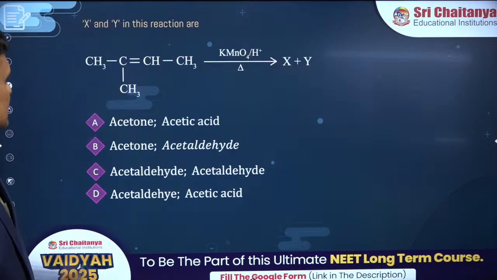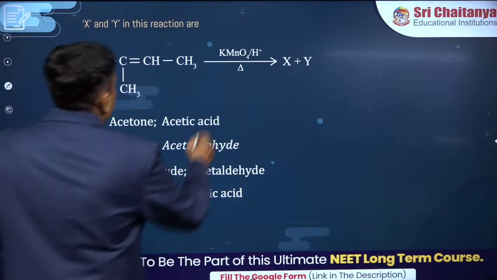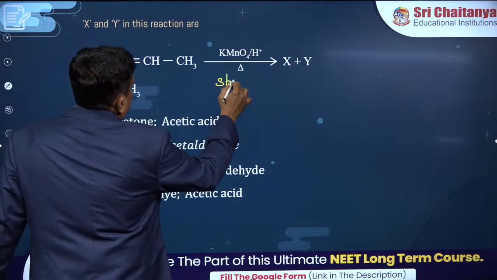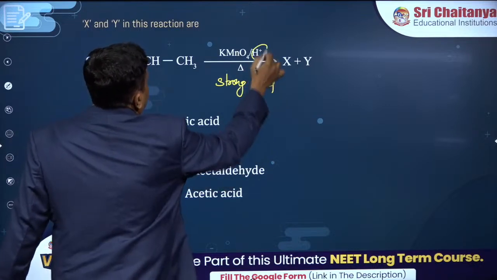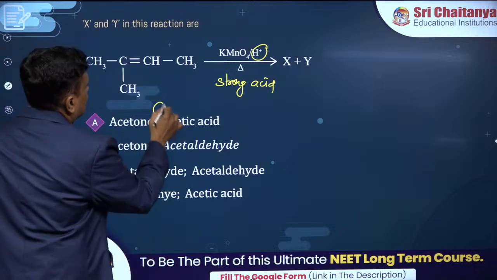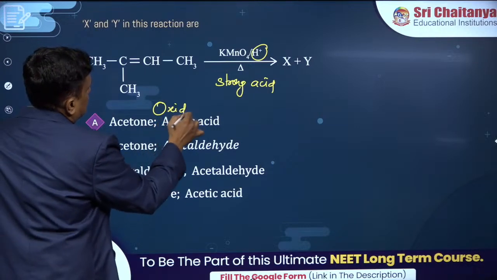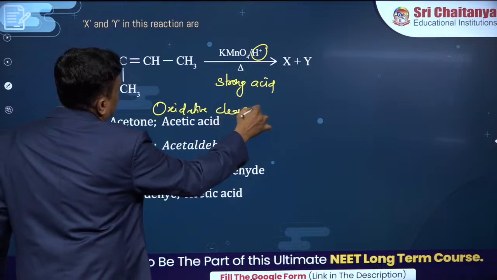Good. What is KMnO4 in hot condition? It is a strong oxidizing agent. But it is not so strong in acidic medium that it can even oxidize the ketone. It's called oxidative cleavage. Excellent. Today's class is going good because of your response.